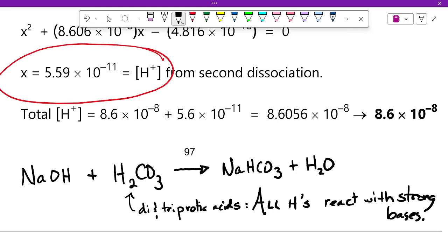Perfect. Okay. Now, let's say I am a strong base. Yes? What do I do? I grab hydrogens. So I am 1 molecule of a strong base. Okay? Now, am I the only molecule of strong base, or are there a whole bunch of me? In solution, there's a whole bunch.